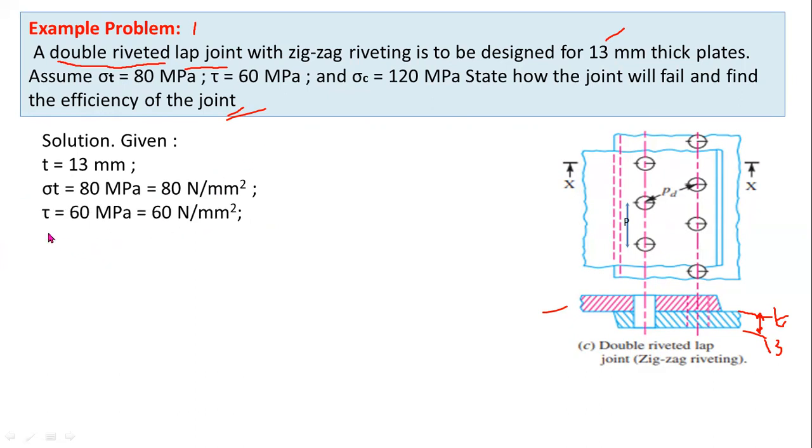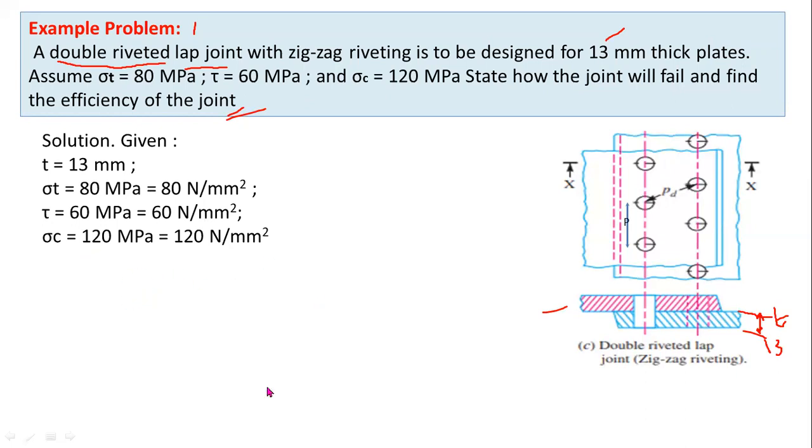Tau is the shear stress induced in the rivet material, tau equal 60 megapascal. Sigma C equal to 120 megapascal, that is crushing stress induced in the rivet material or plate material.